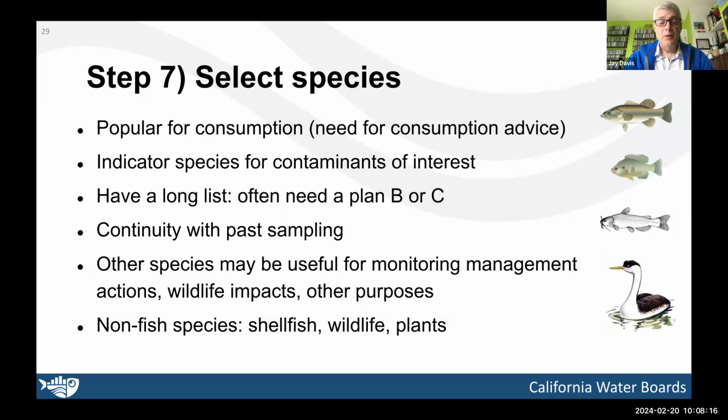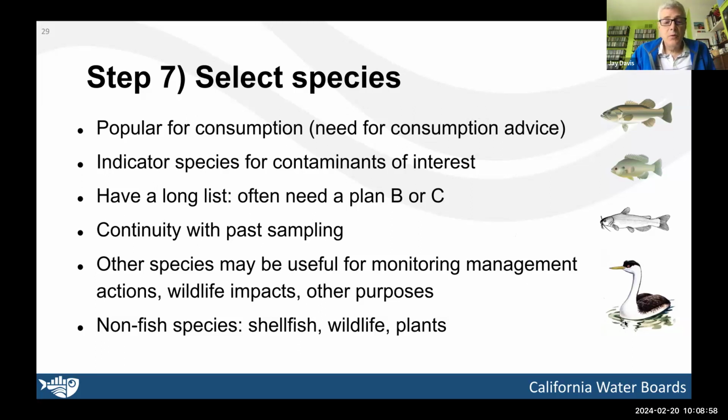In our presentation today, we're focusing on fish and sport fish that humans eat, but other species can be useful for monitoring management actions, wildlife impacts, or other purposes. SWAMP has done some wildlife monitoring in 2012 and 13. We did a statewide survey of mercury in grebes on lakes and found levels of concern in a lot of the lakes, similar to the concern for human health.